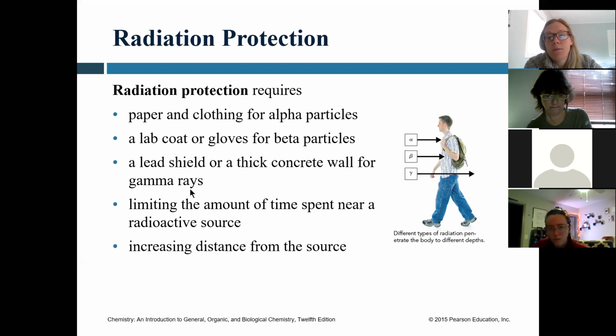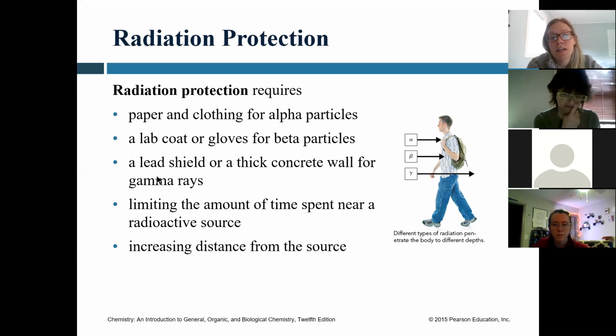This will be stopped by something like a lead shield or concrete. That's why they tend to put nuclear reactors behind big amounts of lead and or big concrete structures. Or if we're disposing of radioactive material, it needs to be disposed of properly in a situation where we have a really thick rock wall or thick concrete wall or a lead container.